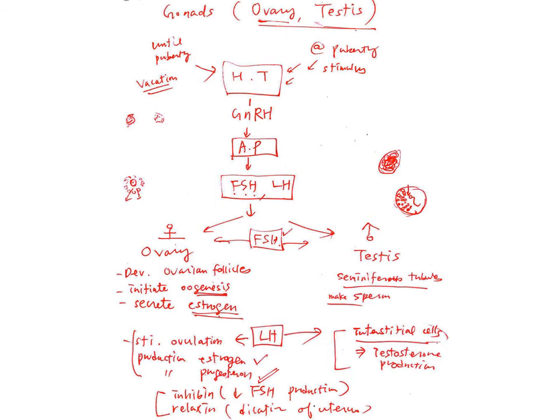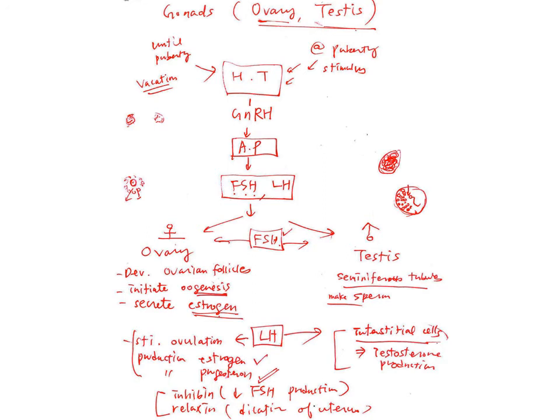In the case of LH in the female at the ovary, it stimulates the egg to be kicked out from the ovary to the follicular tubule. So it stimulates ovulation, and LH also stimulates estrogen and progesterone production.